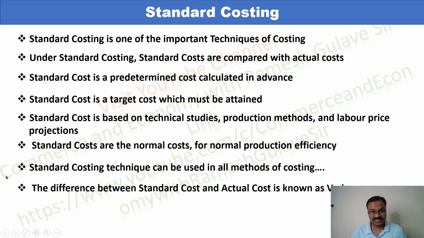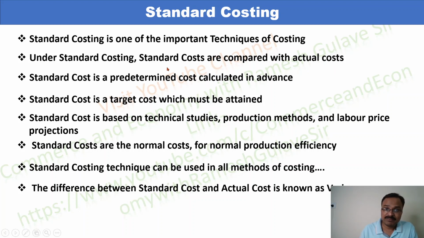Next point says the difference between standard cost and actual cost is known as variance, right? Here friends, I would like to repeat the second statement related to standard costing, which says under standard costing, standard costs are compared with actual cost, right?